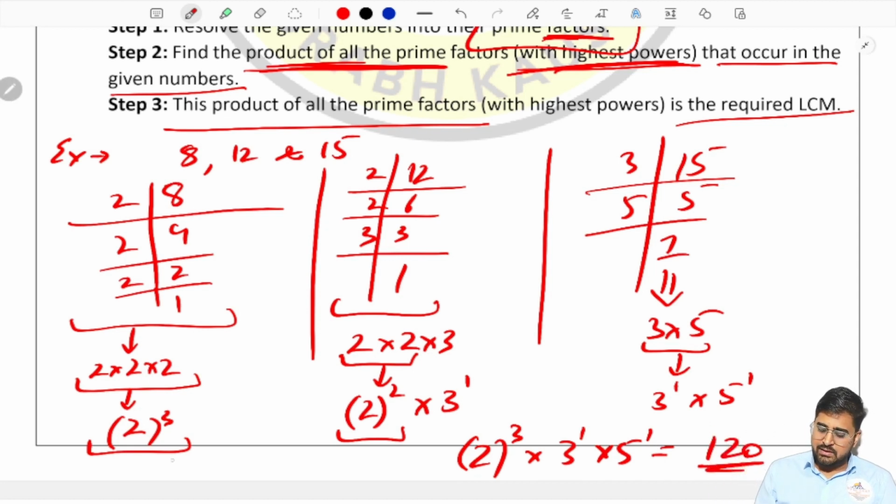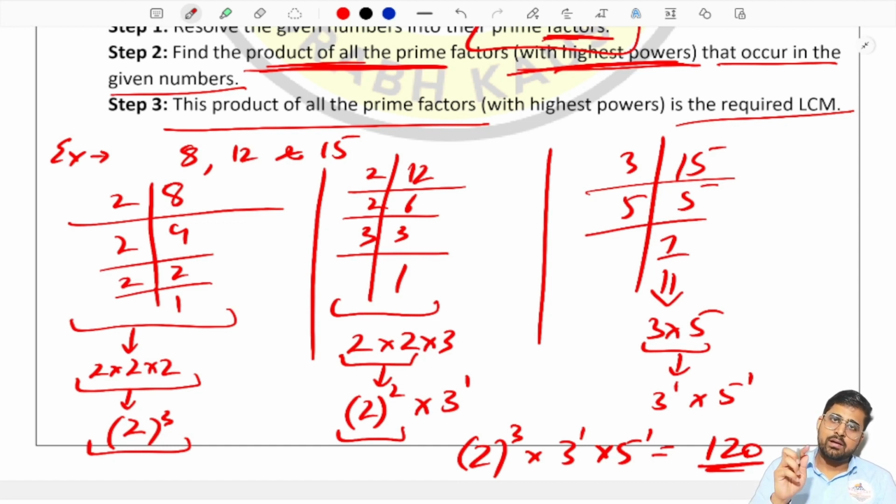For example, here we take 2 to the power 3. Here there is 3 on both sides, but there is no comparison, so we take 3 to the power 1. And here 5 to the power 1. There is no 5 in the others, so we write 5 to the power 1. If there is 7 also, we will write the 7 also. If there is 11 also, we will write the 11 also.